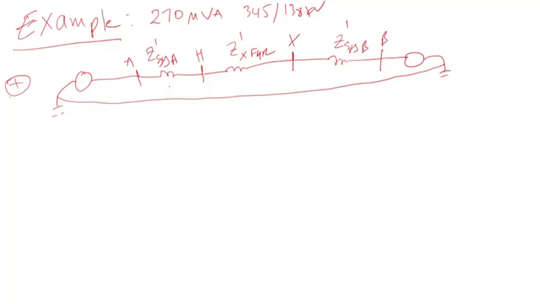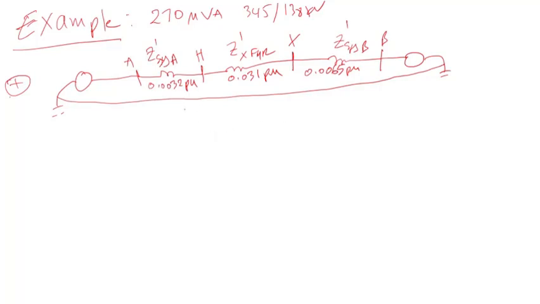So this impedance is 0.0032 per unit. The transformer is 0.31 per unit. And 0.0065 per unit.